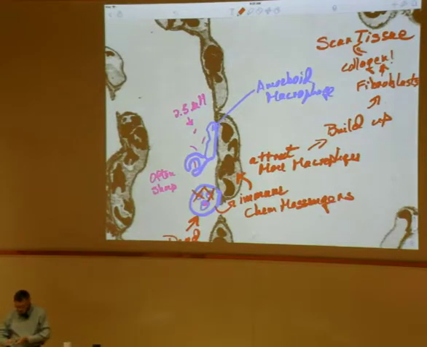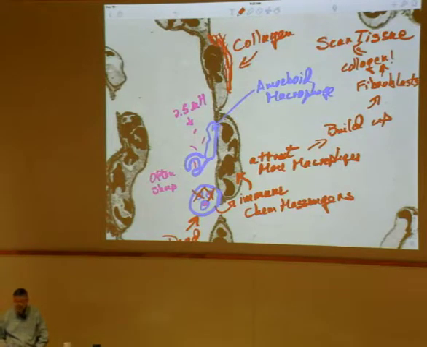So good thing to start producing, okay, good thing, bad thing. Okay, not a good thing. It's doing repairs, but one problem with these particles is that with enough of them, your body can't keep up.